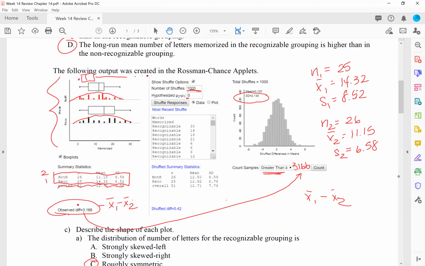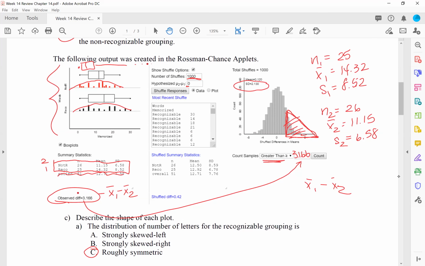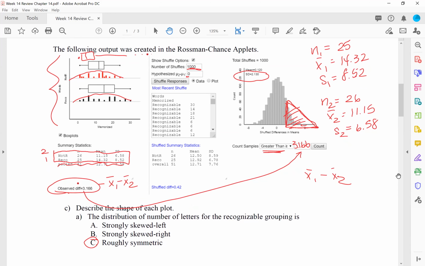Right, so it is based on that research question and that alternative hypothesis. So if I estimated on this graph, I could circle this area right here, saying I'd be counting the number of simulated samples at 3.166 and greater. So we can see that that simulation p-value would be pretty large, kind of like we were seeing with the fact that we got such a small standardized statistic. You guys following that okay?